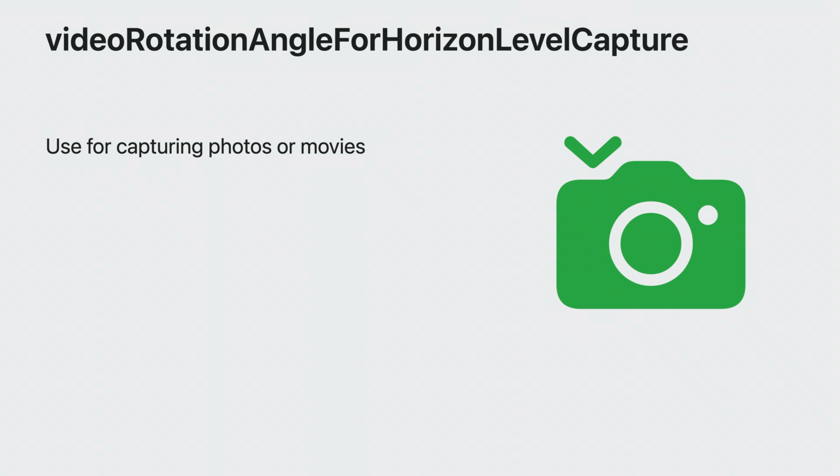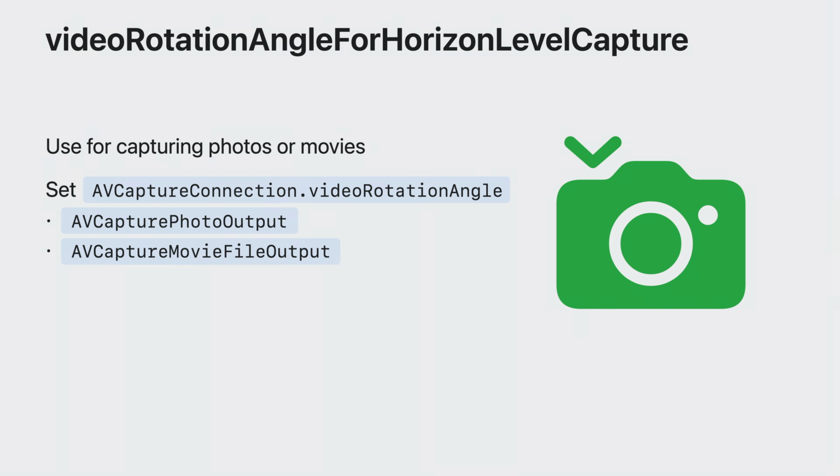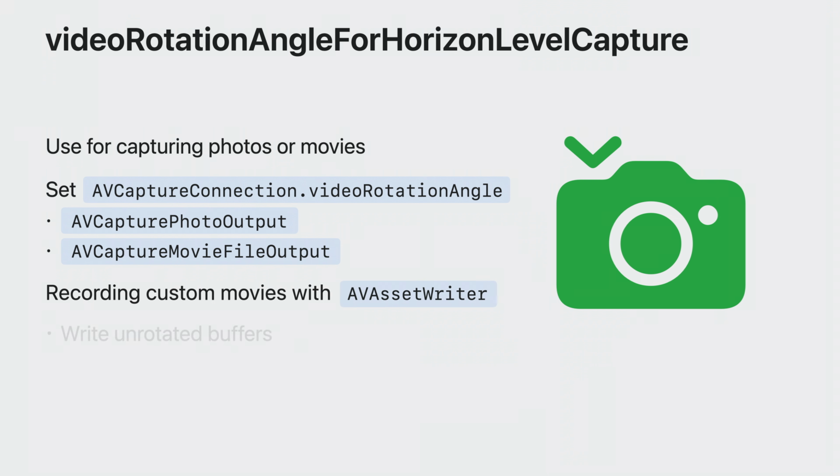Use videoRotationAngleForHorizonLevelCapture when taking photos and movies so they're level relative to gravity. Your app can apply the property's value on capture connections to a photo output or movie file output. Alternatively, if your app uses a video data output with an AVAssetWriter for recording custom movies, avoid rotating the video with AVCaptureConnection.